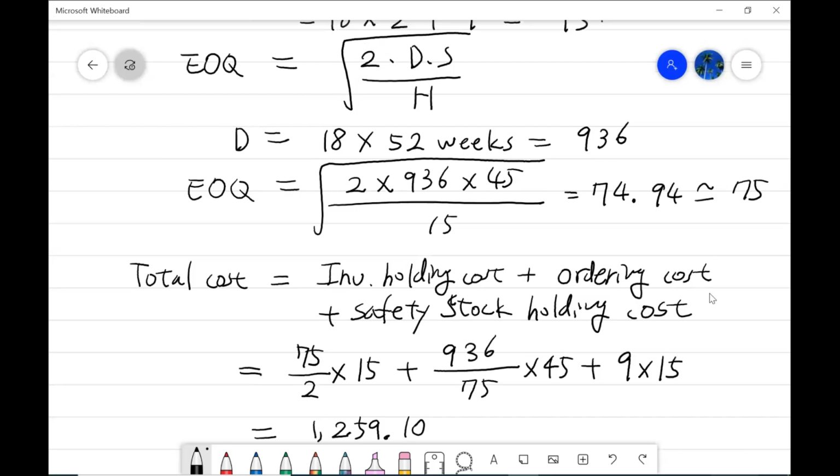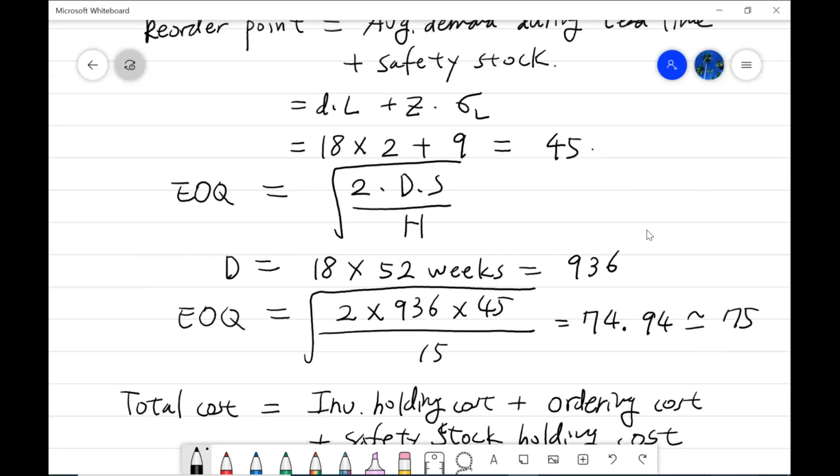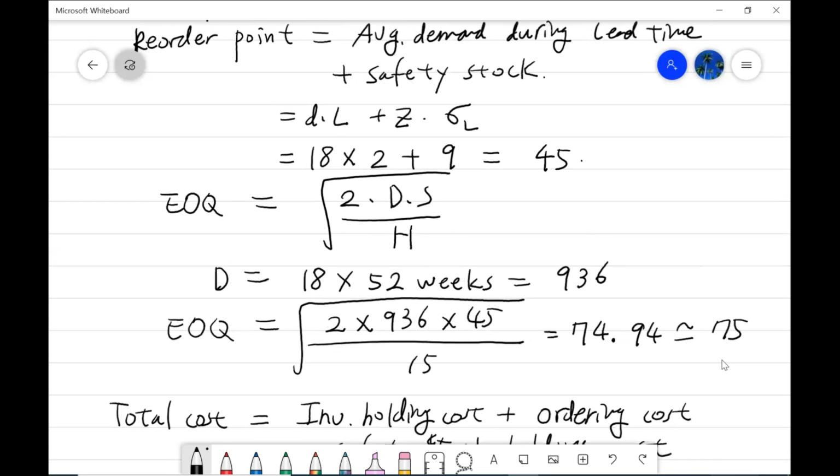Okay. So to conclude, the reorder point is 45 and EOQ is 75. That means under this continuous review system, again, this is a continuous review system, so that's why you keep watching your inventory. You just stand in the warehouse and keep watching your inventory over time. When you find the inventory level is exactly 45 units, then you have to order. How much? 75 units.